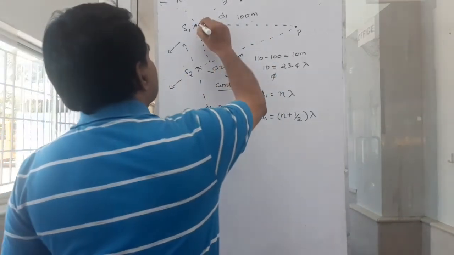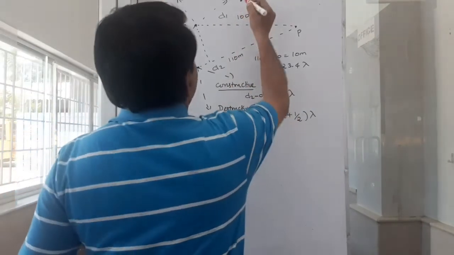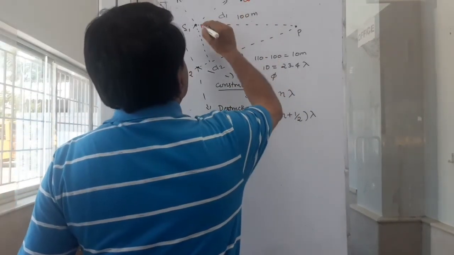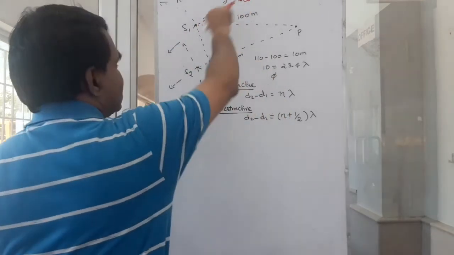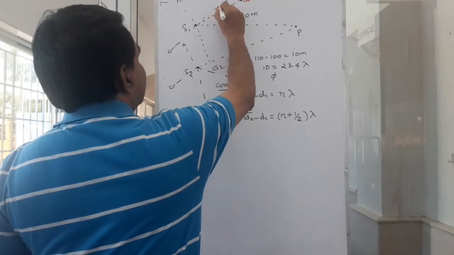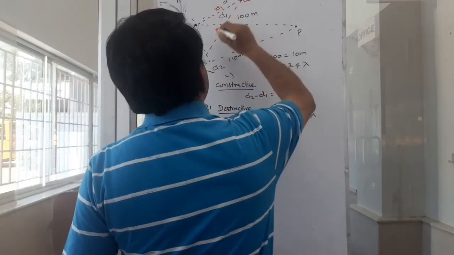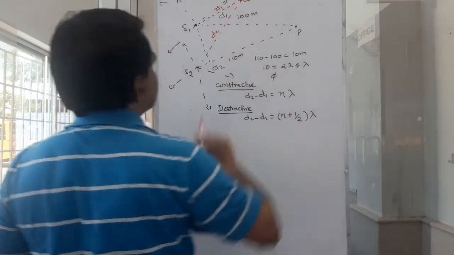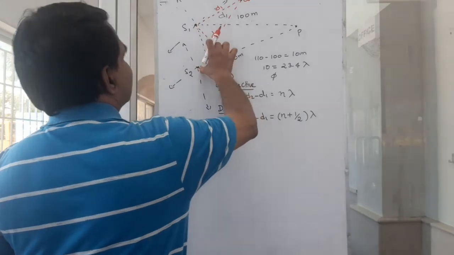So clearly, I'll use a different color now. For this point, which I'll call Q, that is its D1, and this will be its D2. So maybe this is the path difference.